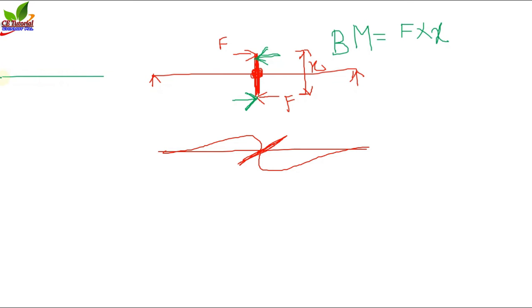Suppose we have the beam like this, and if we apply a point load, the beam will bend, and you can see the compression will happen at the topmost fiber, and the tension will happen at the bottommost fiber.